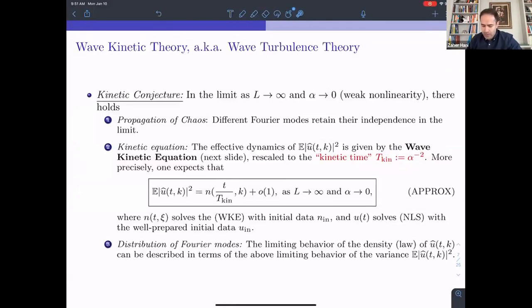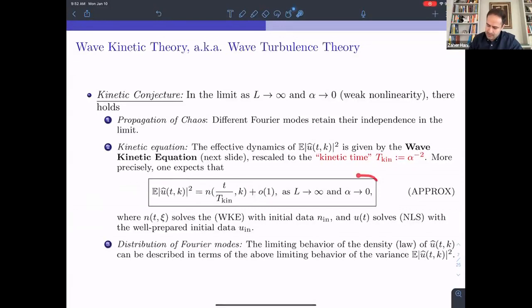So more precisely, what we predict is that the expected value of the squared modulus of the Fourier modes, or the variance of the Fourier modes, is approximated by the solution of the wave kinetic equation that I will write for you on the next slide, rescaled appropriately to the kinetic time, plus an error, little o of 1, that goes to 0 as L goes to infinity and alpha goes to 0.